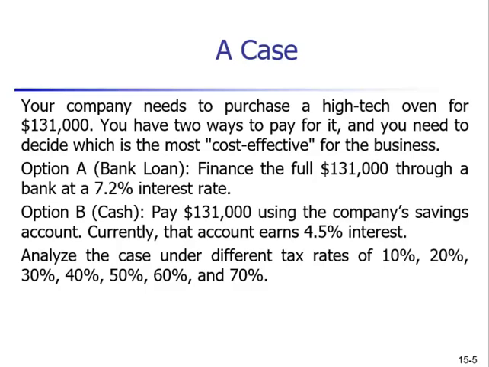give your analysis on the case while the company pays no tax on the interest they are receiving on the saving account. Because here they receive 4.5%, and we all know that absolutely it's a taxable income.